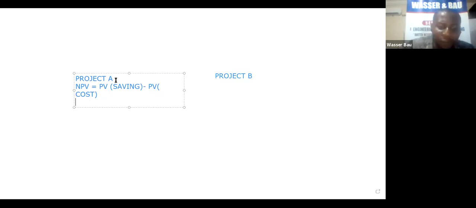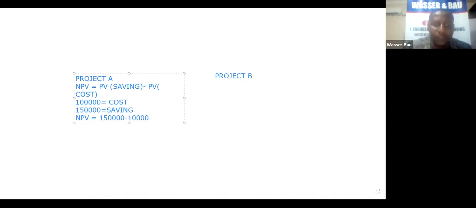So the cost of the iPhone is 100,000, and the savings, the money I made from the iPhone, is 150,000. If all of them are in present terms, the NPV is going to be 150,000 minus 100,000, so the net worth of that investment is 50,000.